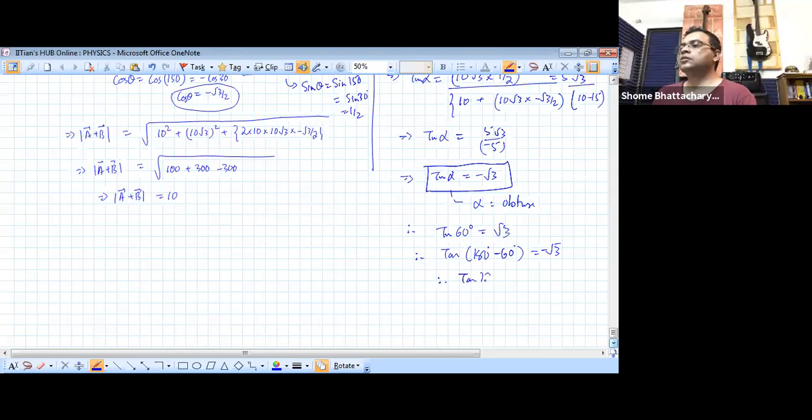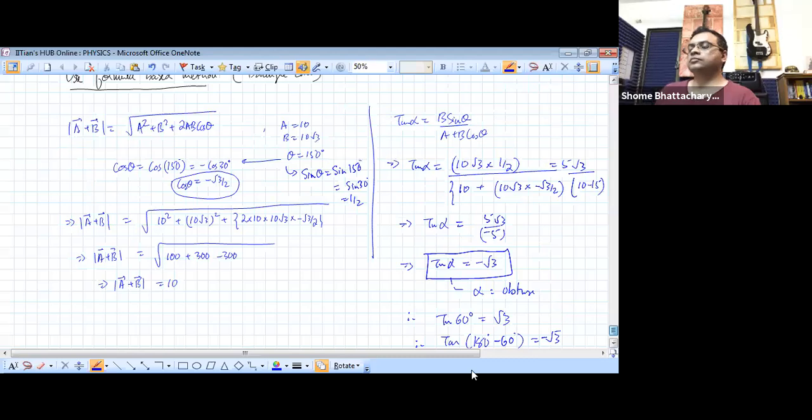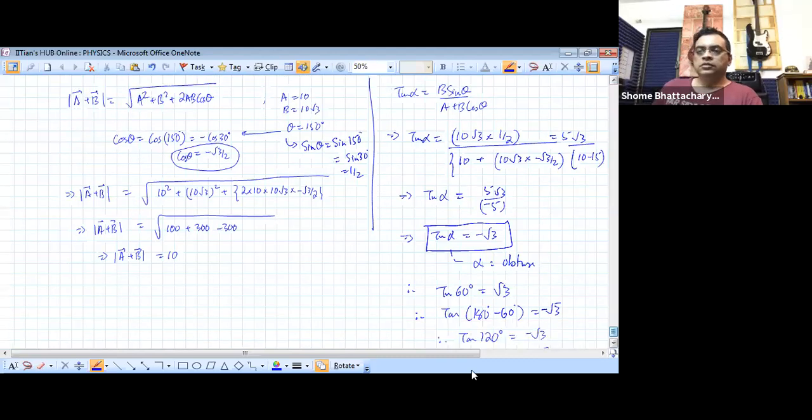So tan 120 degrees is minus root 3. So alpha is equal to 120 degrees. Okay, people. So hope the example of the application is clear.